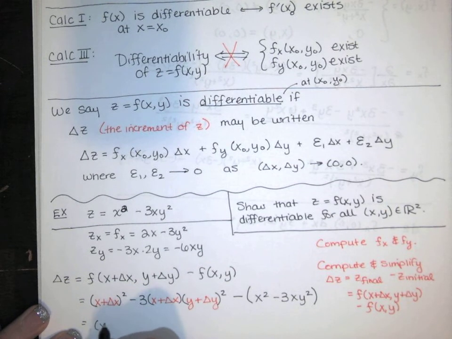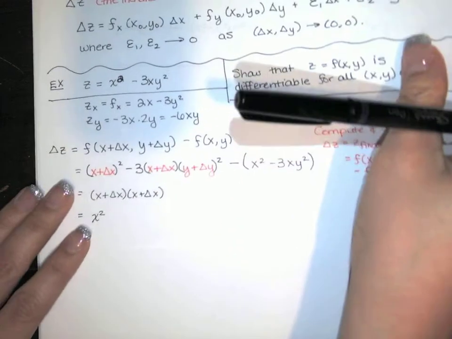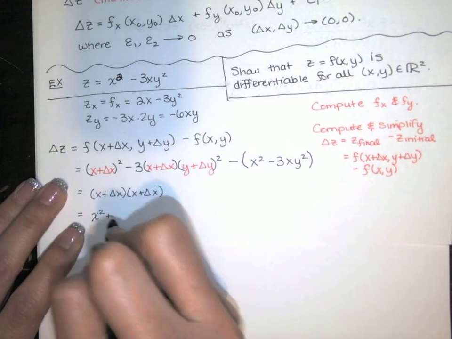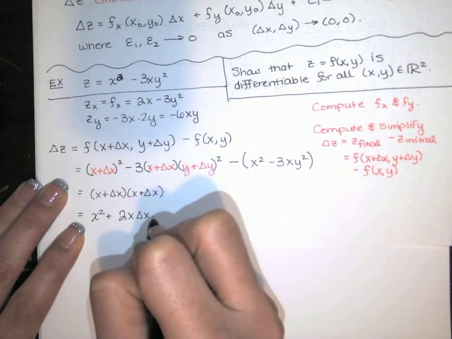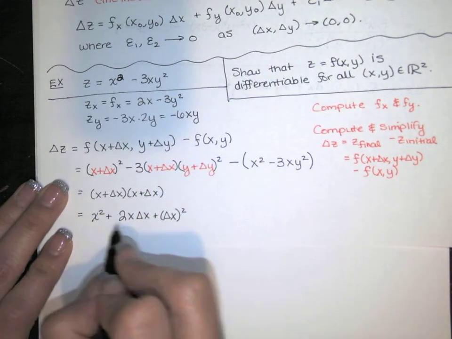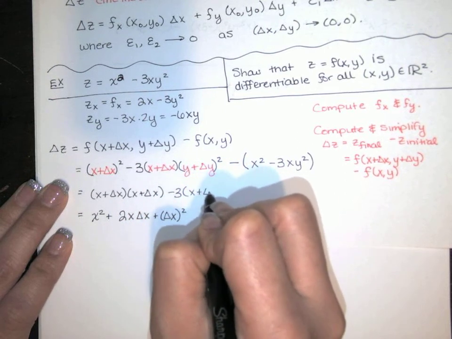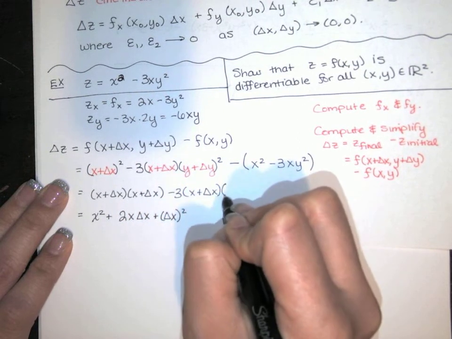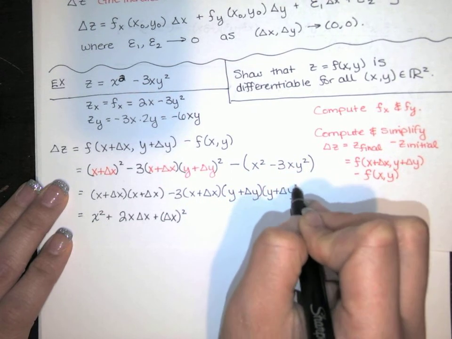So if I write that twice in FOIL, I get that. First times first is x squared. Outer times outer is x delta x. Inner times inner is another x delta x. Last times last is delta x squared. Then we'll have a negative 3 times this. And this one can be rewritten as y plus delta y times y plus delta y.